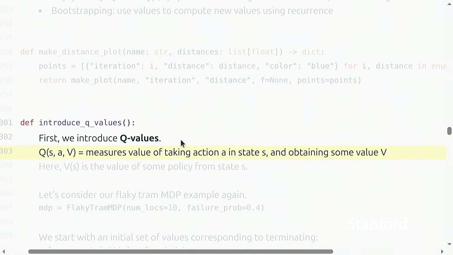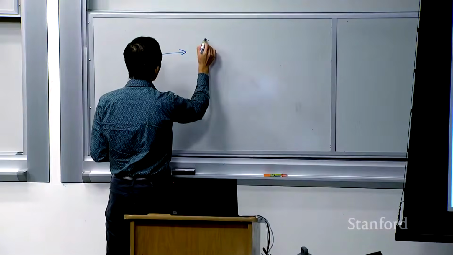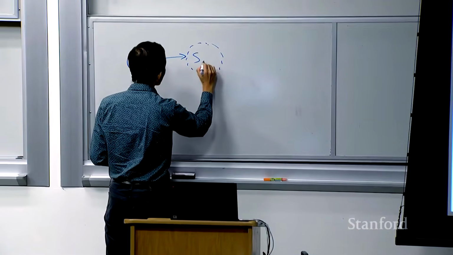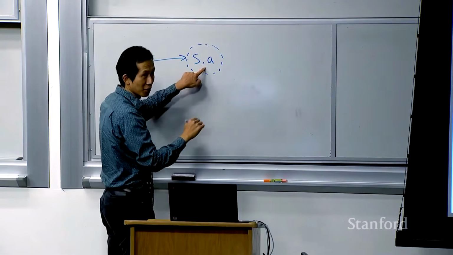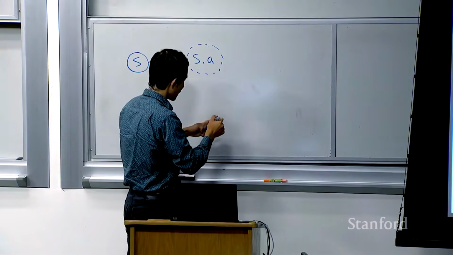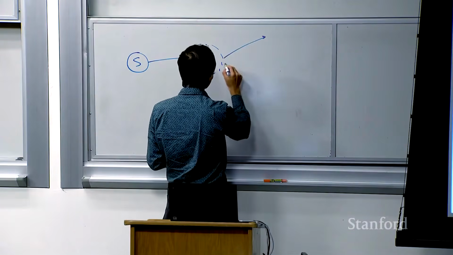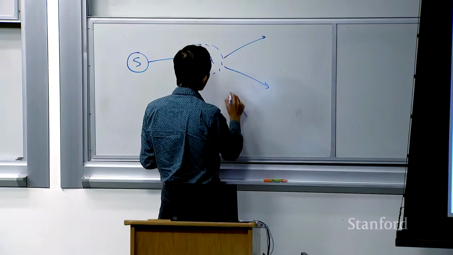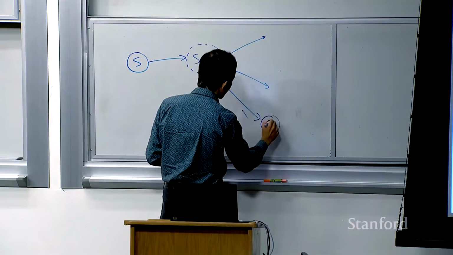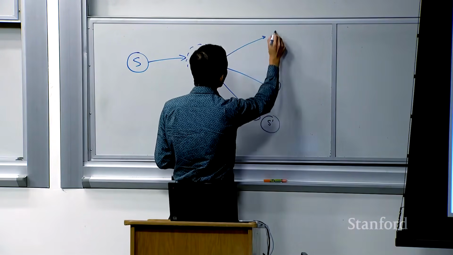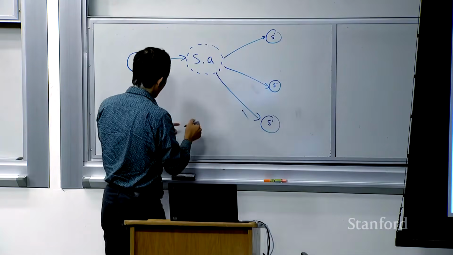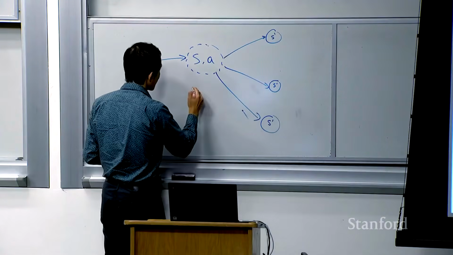So let me try to draw this here. I'm in state S, I take an action, and that leads to SA. Chance nodes are where I've taken an action in state S, and remember this can lead in multiple places, to some state S prime.